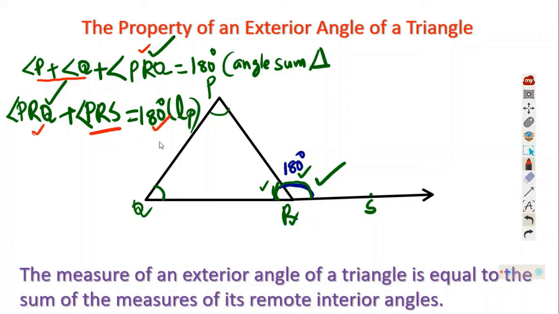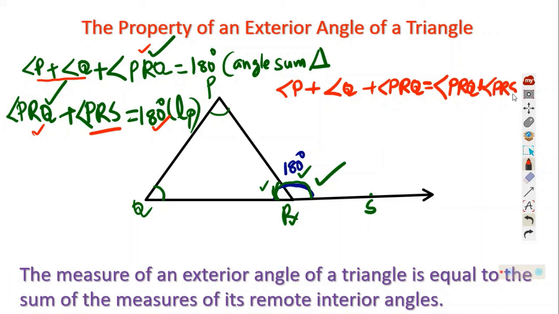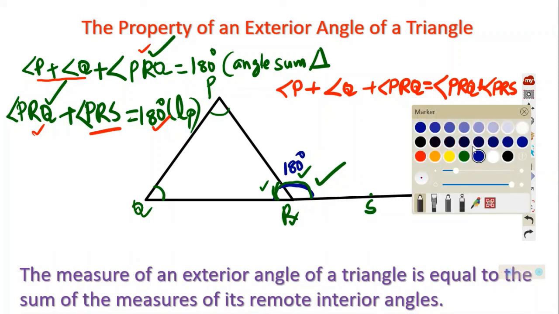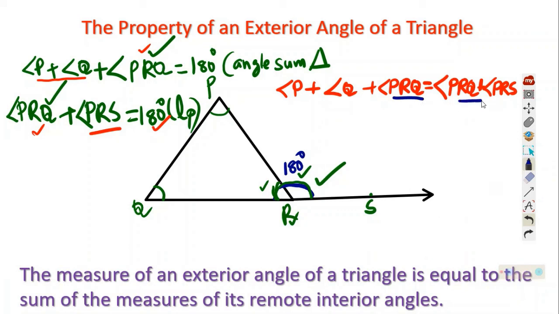इसका मतलब P plus Q is equal to PRS. Mathematically कैसे लिखेंगे? We can write angle P plus angle Q plus angle PRQ, जो interior angle है, is equal to angle PRQ plus angle PRS. तभी अपना नजर जाएंगे किधर, we'll take care that here PRQ is here, PRQ is here, इसको subtract करेंगे, दोनों साइड से निकाल देंगे.